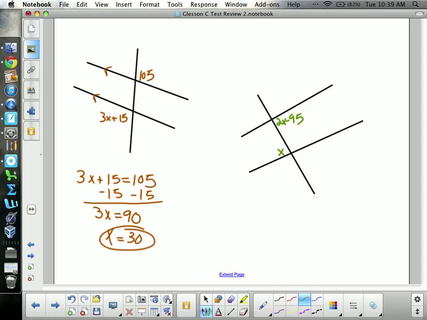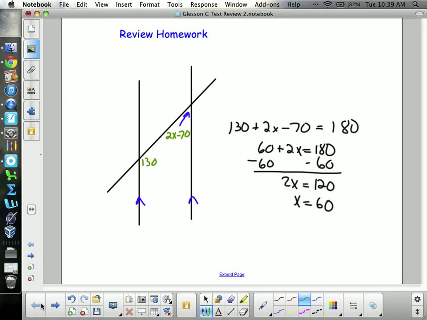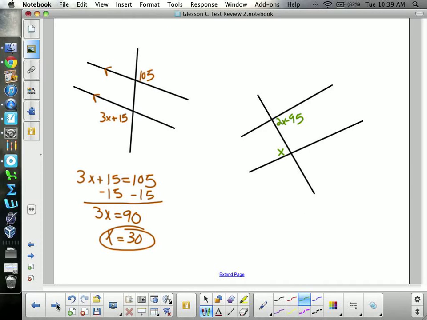This one's kind of hard to tell because it's not obvious, like, let's go back. This one was really obvious that one's acute and one's obtuse, isn't it? This one, not quite so much. It's not really obvious. So I need to know my stuff. Are alternate interior angles congruent or supplementary? Now, if you're not sure, remember a couple things.